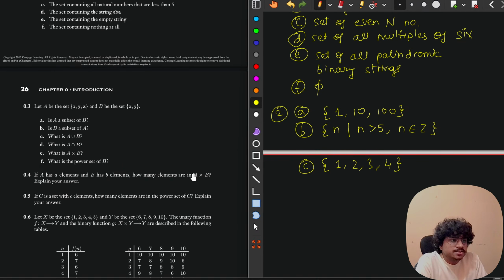The set containing the string ABA. How can I write set builder form for this? The string ABA should be part of the set.